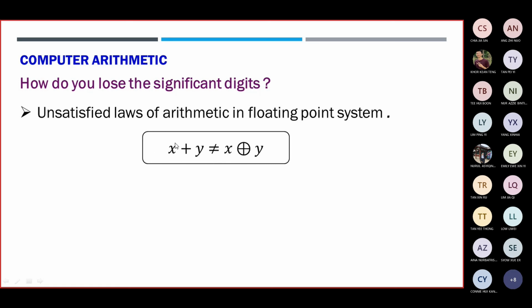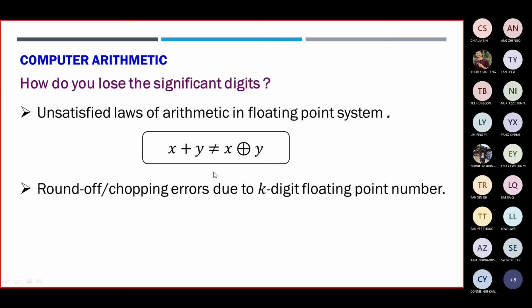We represent x plus y, the arithmetic operation in the computer, as not equal to x plus y by manual calculation. So x plus y by computer and by human calculation are always not the same, because of the round-off or chopping error due to k-digit floating point numbers. Another cause is the subtraction of two nearly equal numbers, which means the numbers are almost similar in their decimal values.